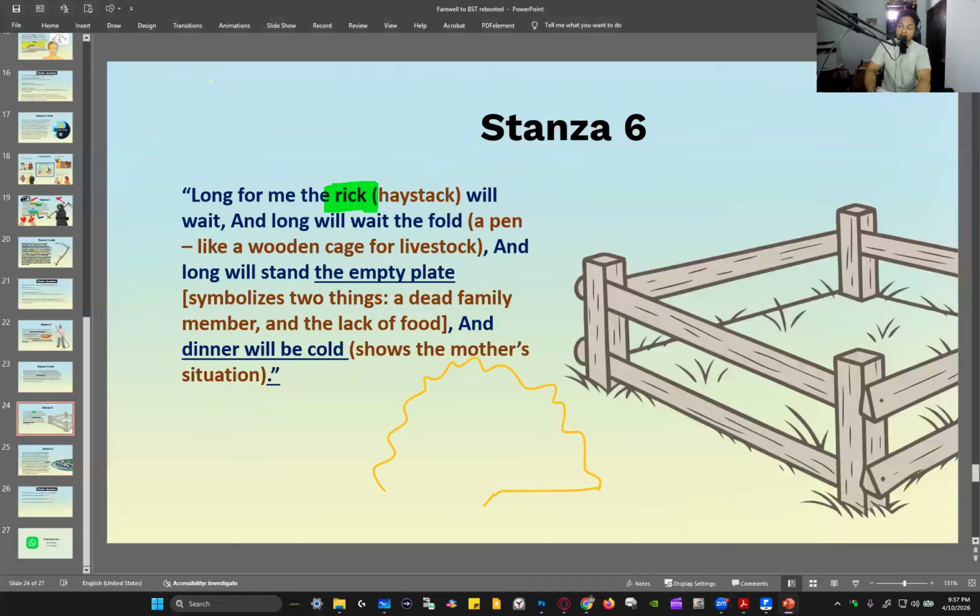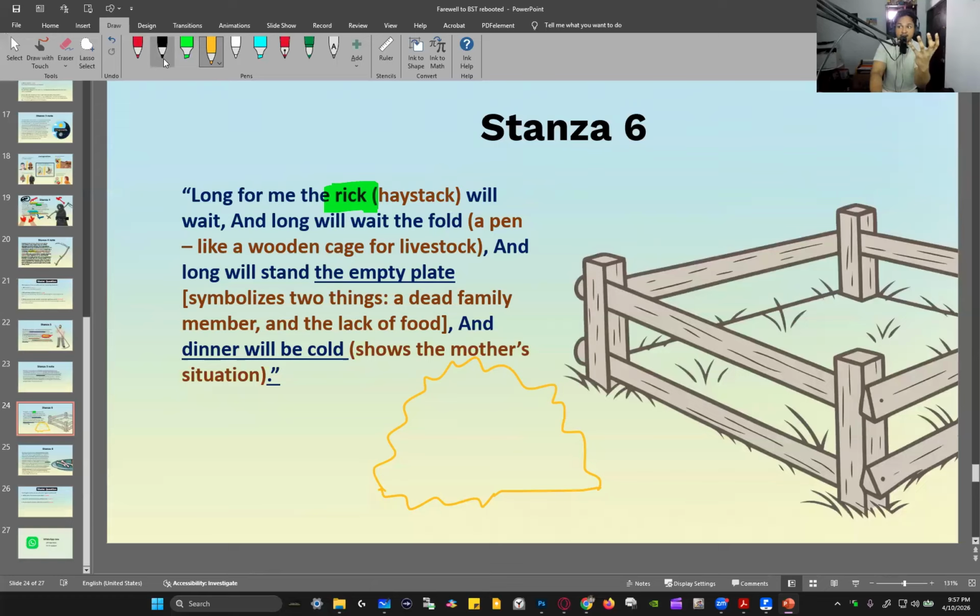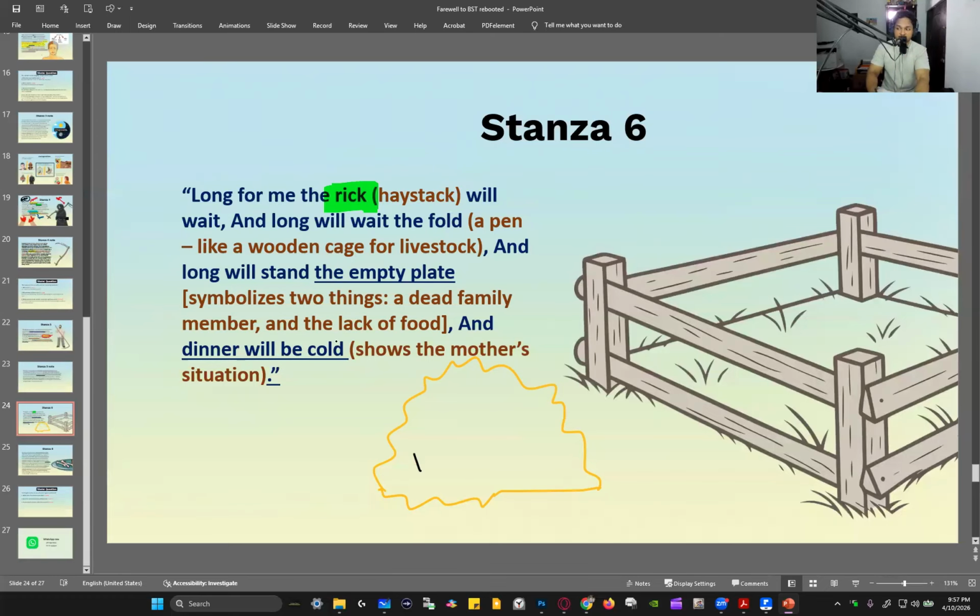Now, here, Amina, there is personification. Why is this personification? Because we are giving human qualities to non-humans. Personification means giving human qualities to a non-human.